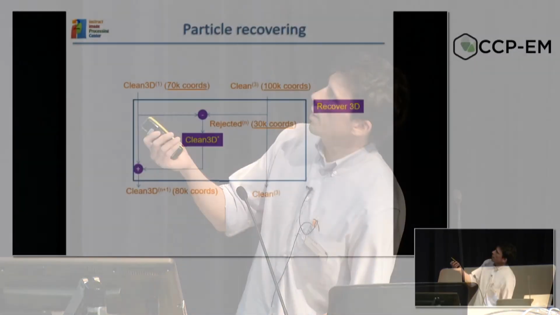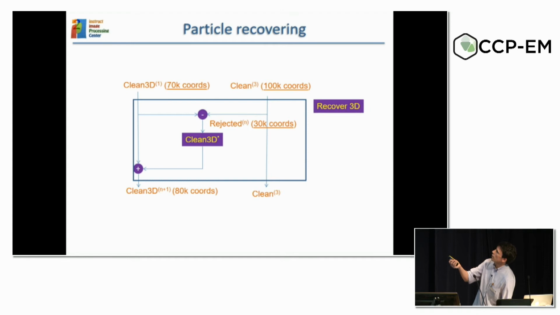Then we can do the same idea as in 2D. You started with 100,000 particles, now you have 70,000. What happened with the 30,000 that have been rejected?